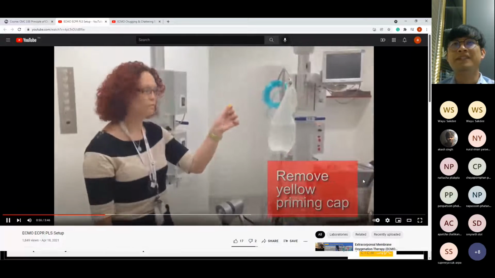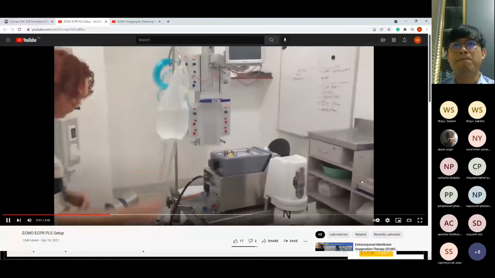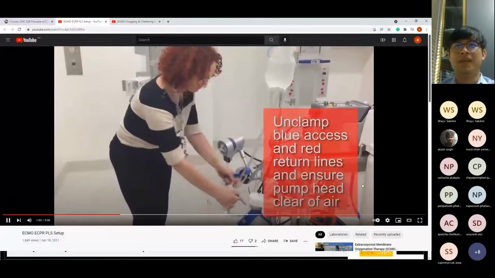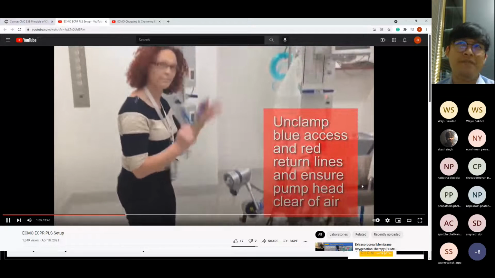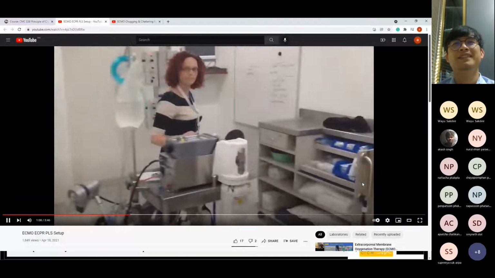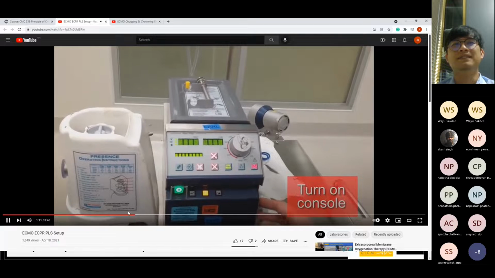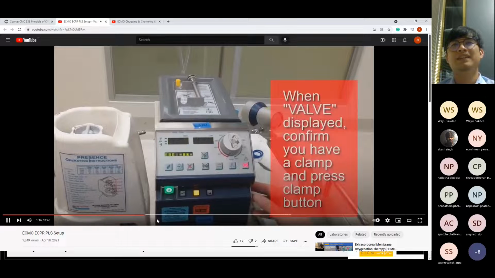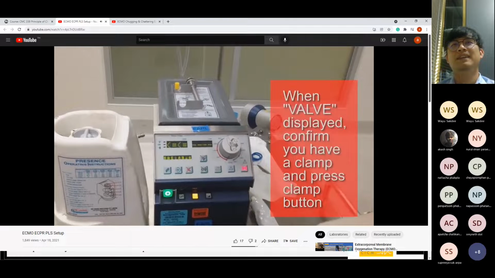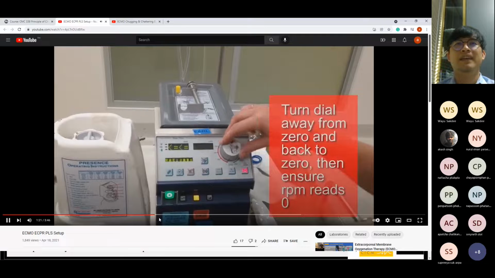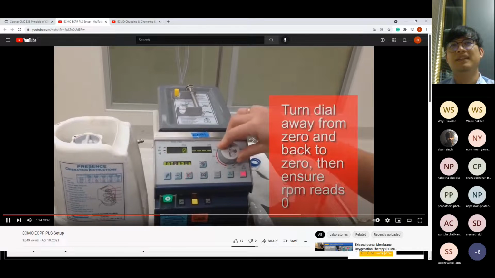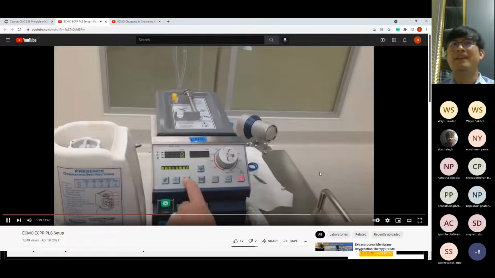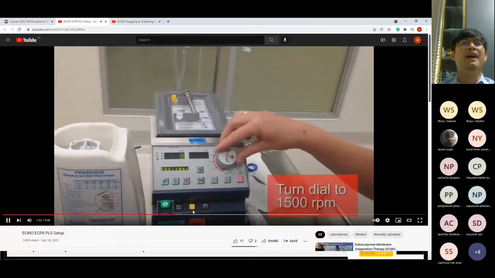Let's say sometimes it's much easier than priming in CPB, in my opinion. I turn on the console. We're going to play that, but with a different machine.